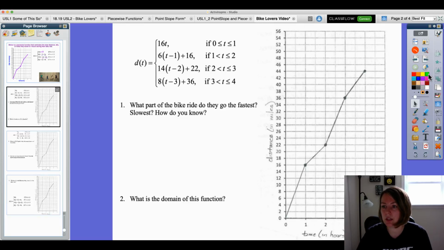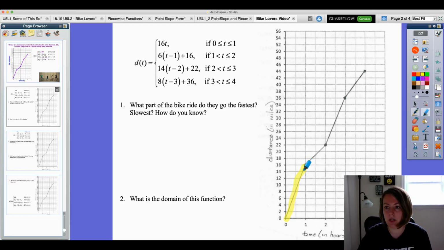So if you're looking at the first part, within the first hour, they increased from 0 and they went all the way up to 16. Okay. And then this part, this one seems like it went up pretty fast. Let's look at this. This went up from 22 to 36 within 1 hour. So that's 14. So that means that this part right here really is the part that went up the fastest.